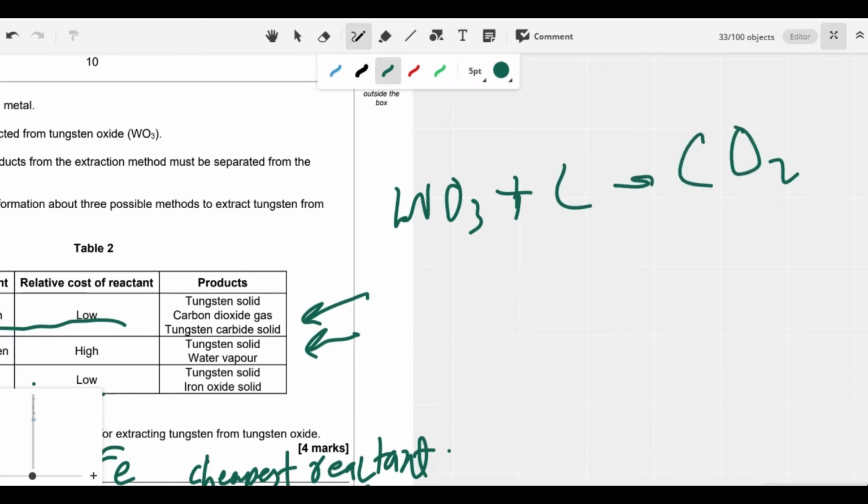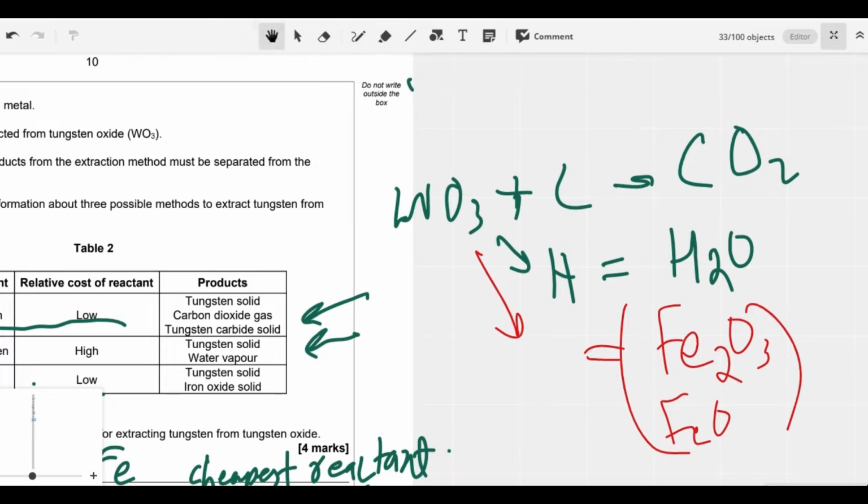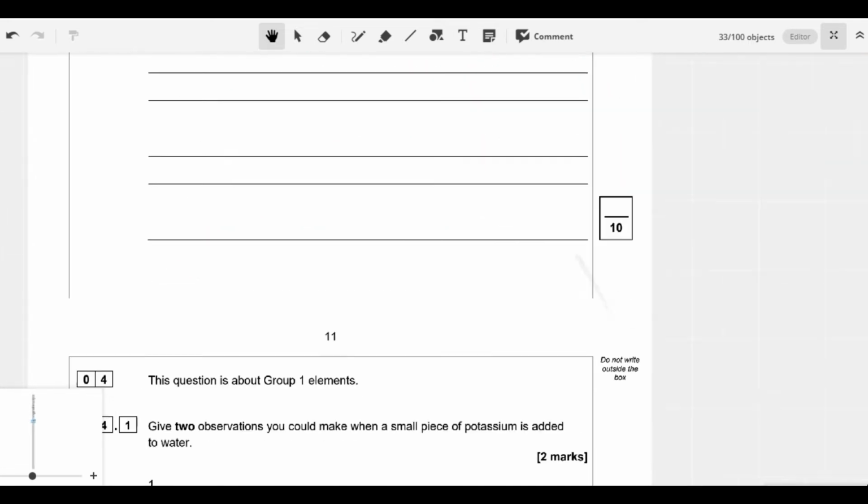If we use hydrogen, it will make water, or if we use another reactant, iron, it will make iron oxide, Fe2O3 or FeO. So these are the products along with the tungsten. These are the points you have to remember and mention in this question.